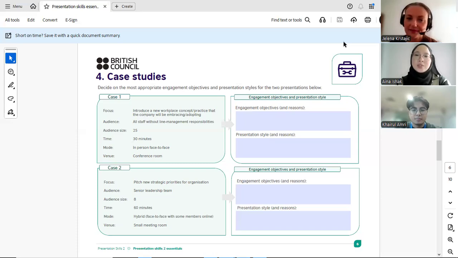Exactly. I would completely agree with you. We can see here the audience members are staff without any line management responsibilities. So actually, the main aim would be to inform. Certainly, they may have some questions, so I would completely agree with you.